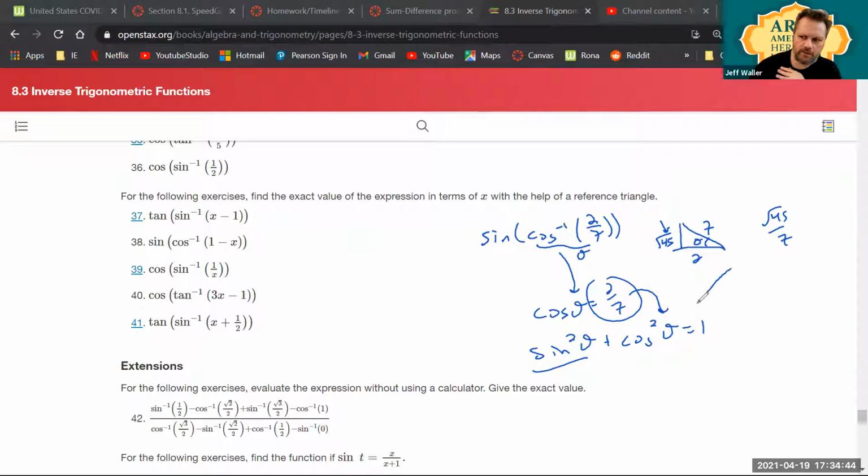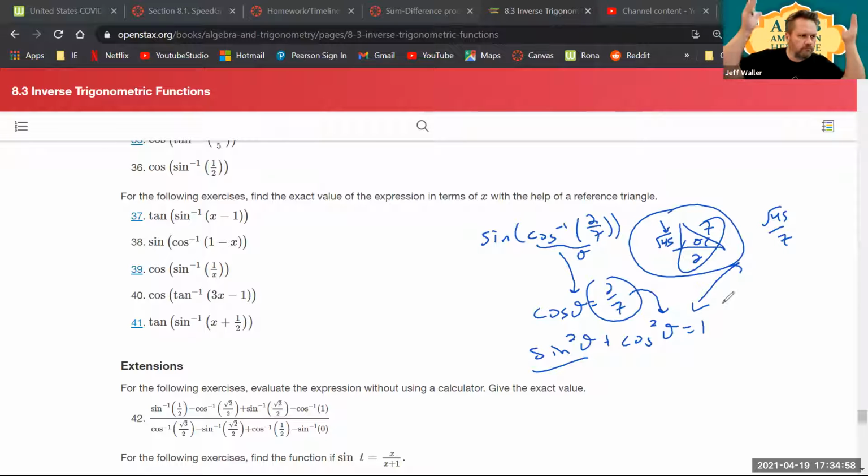But do you understand the math is the same? We're just doing it in a different order. We did Pythagorean theorem here. We just didn't do it on 2/7. We did it on the parts of 2/7. So these are actually the same method, just differently organized. Which way should I get used to? Do you prefer either?